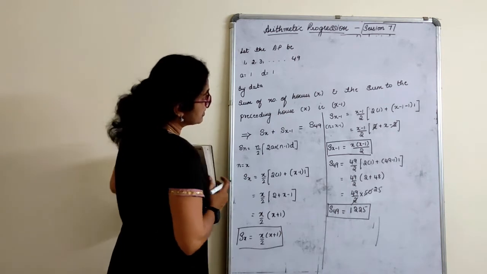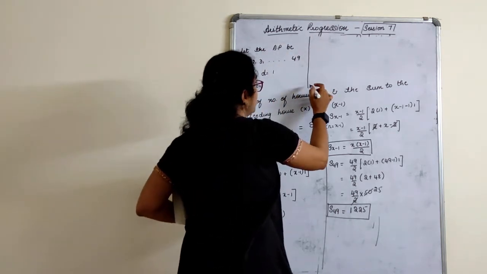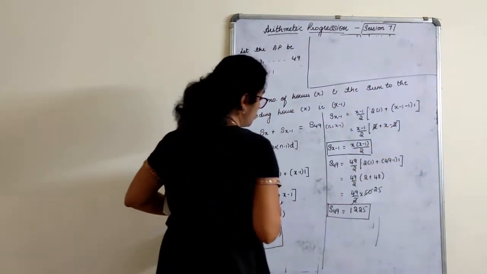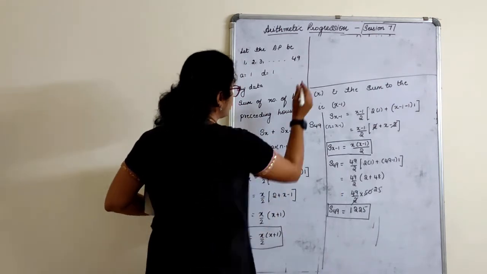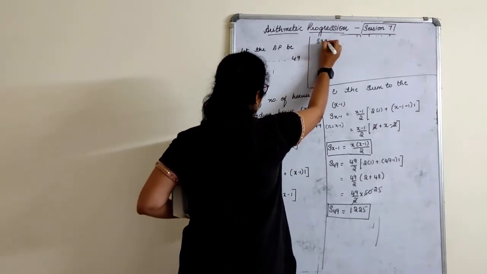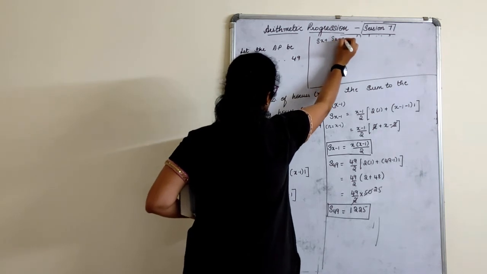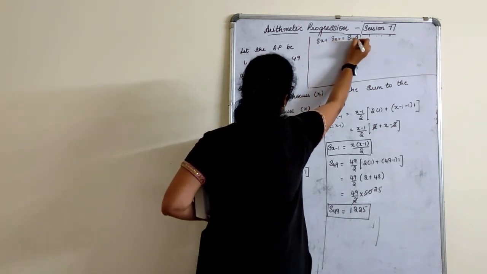I don't have space down. Shall I do it in this working part? I think it will be enough for me to do it. So let me substitute the whole thing. Sx plus Sx minus 1 is equal to S49.